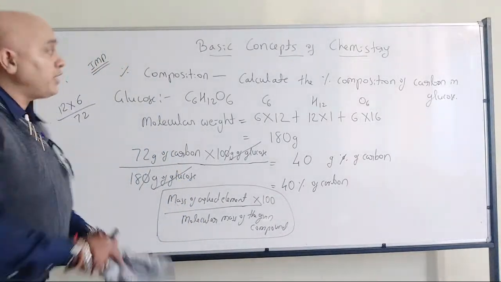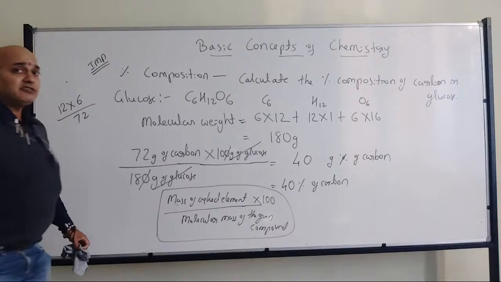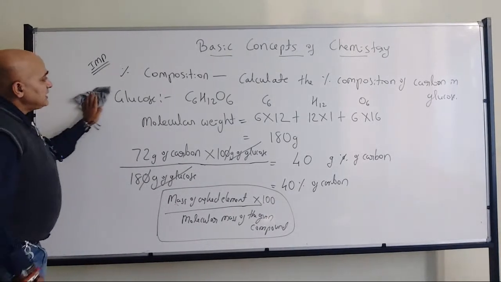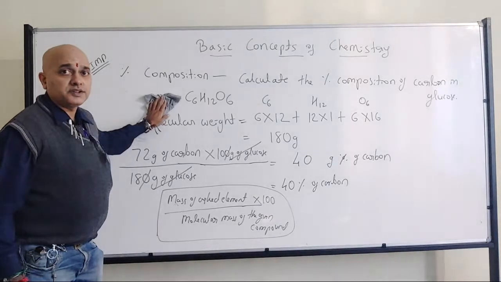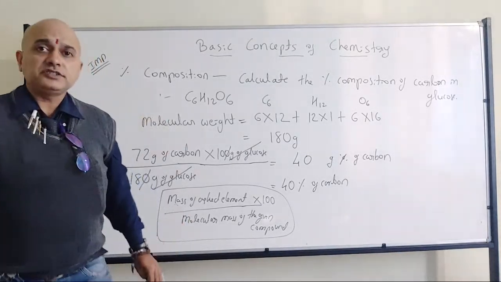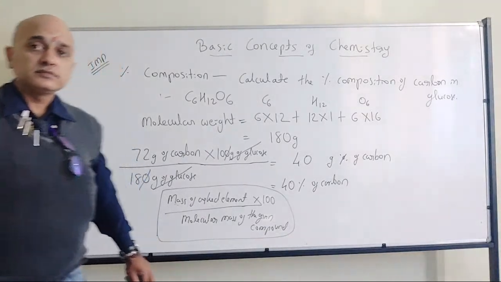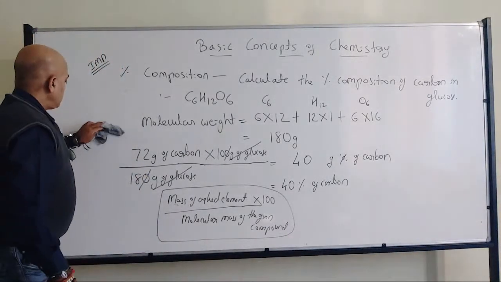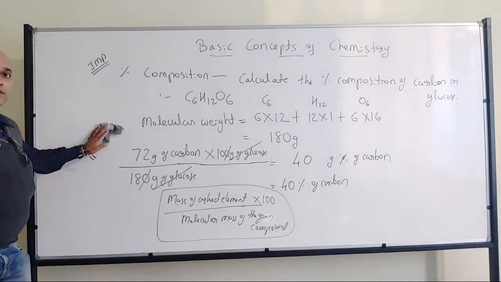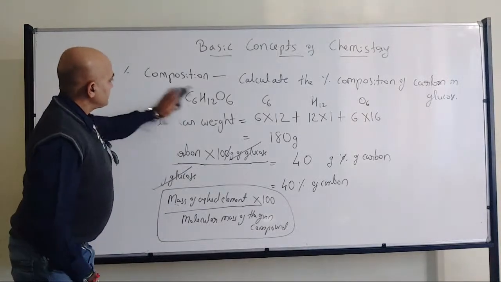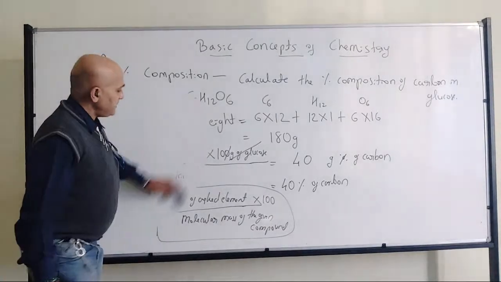So this will be the formula which you can use for calculation of percent composition of any element in a given compound. All of you have understood? Any doubts? If you have any doubts, let me know.